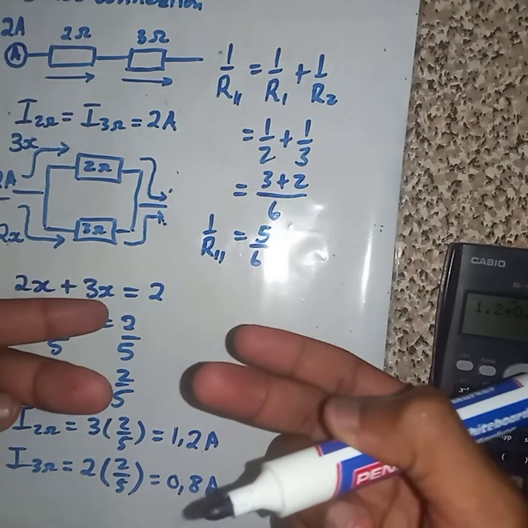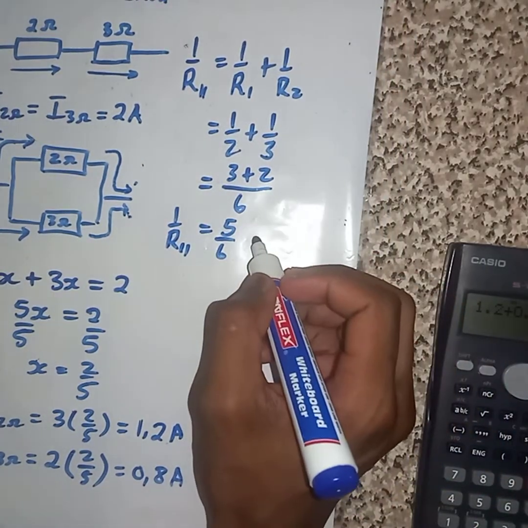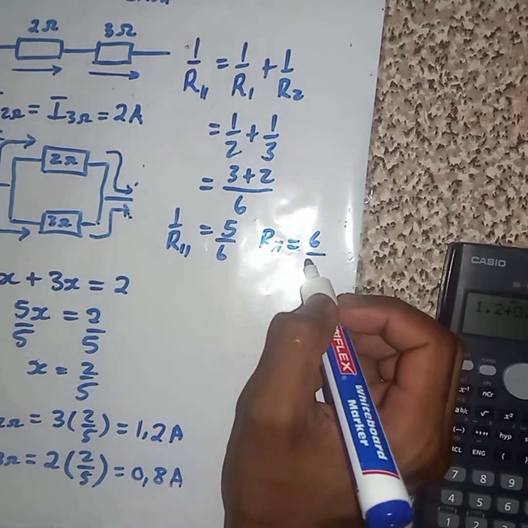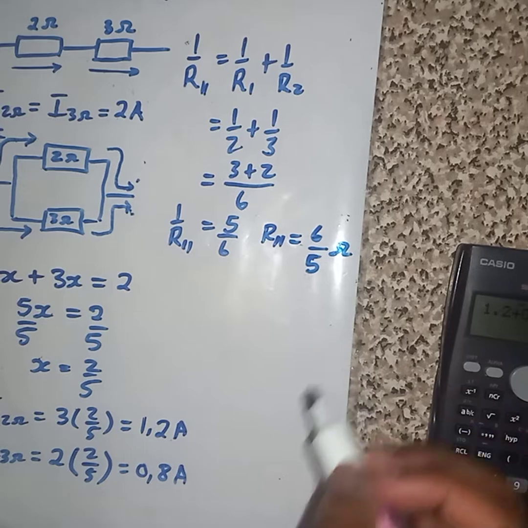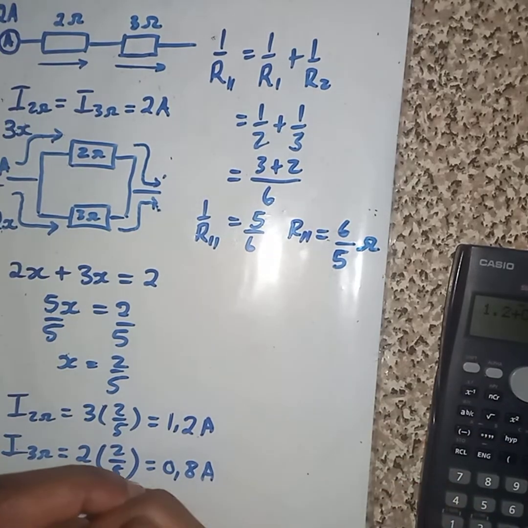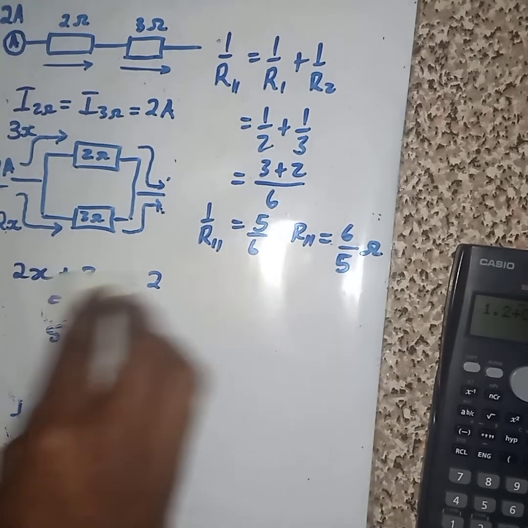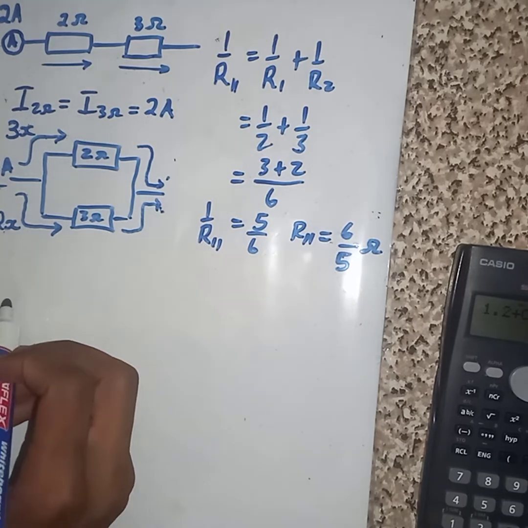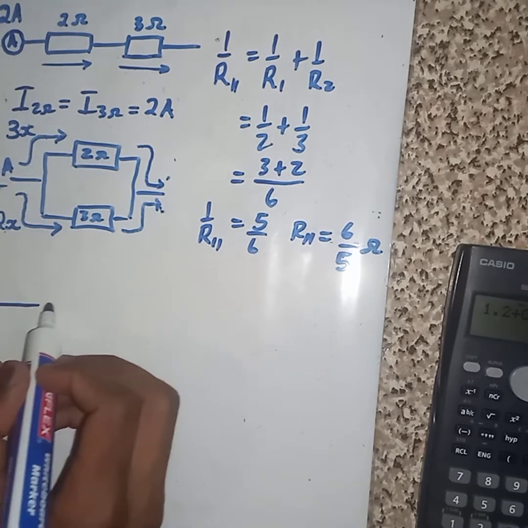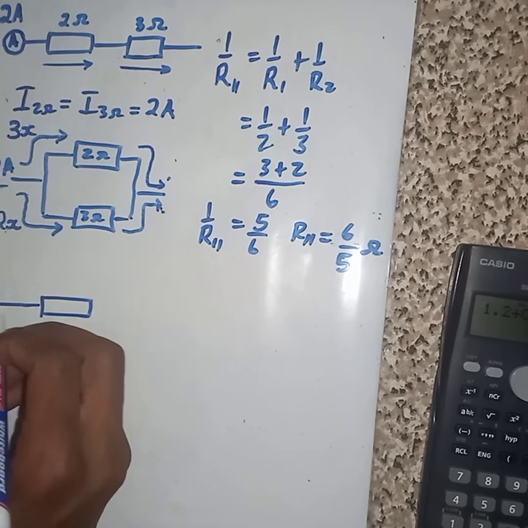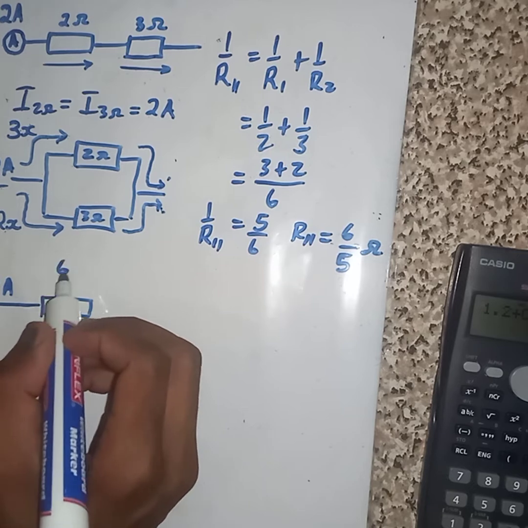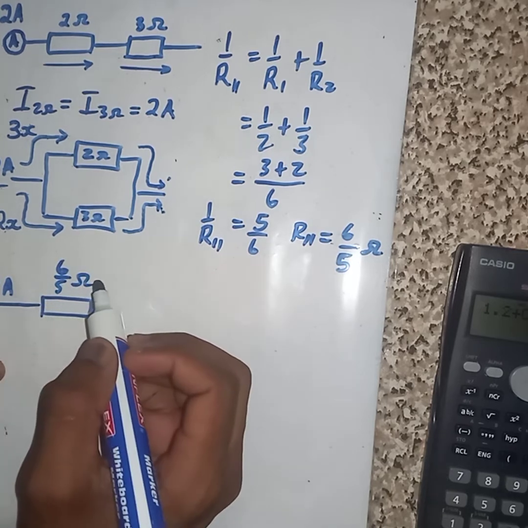But at this point we switch them, then our answer is going to be R parallel 6/5 ohm. Now we have something like this, which is 2A, and 6/5 ohm.